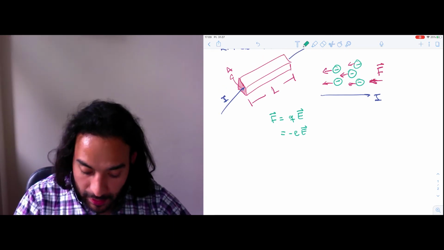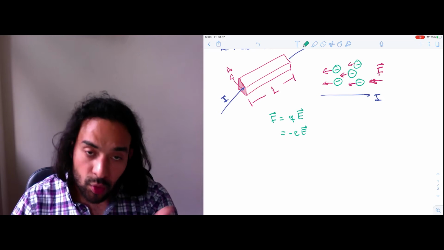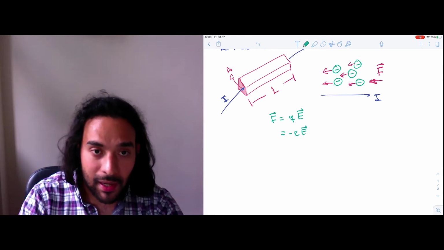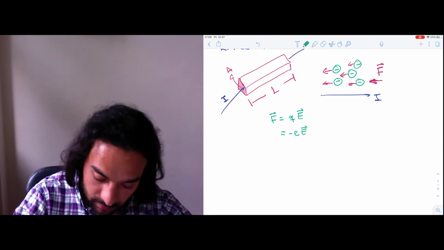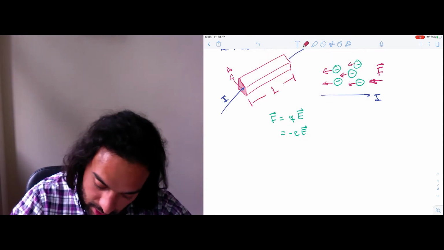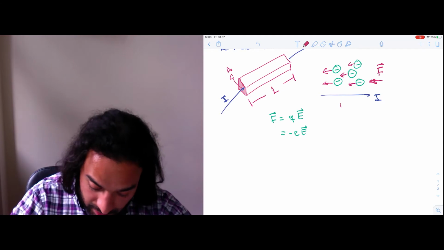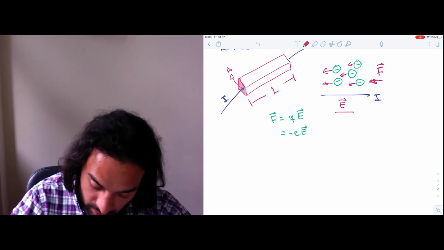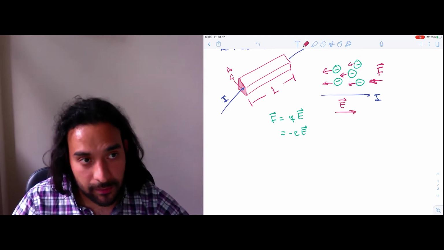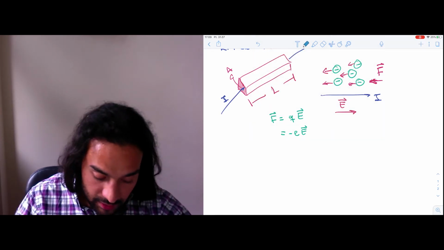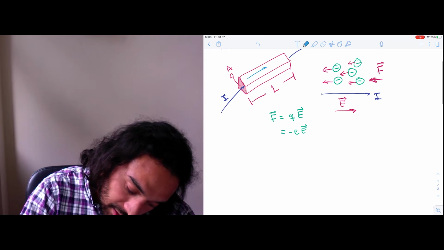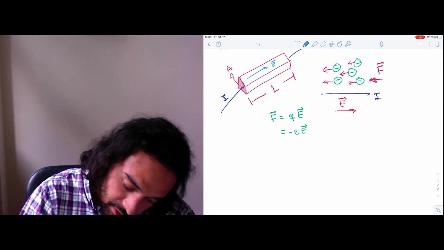So having a force that is moving the electrons to the left implies that we have an electric field pointing to the right. In our sketch, electrons moving to the left means that we have an electric field pointing to the right. So coming back to our sketch of the metal, there is an electric field going in this direction.